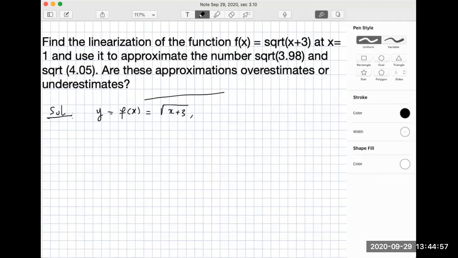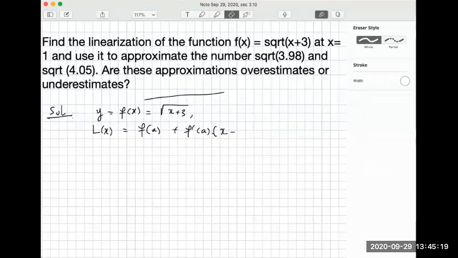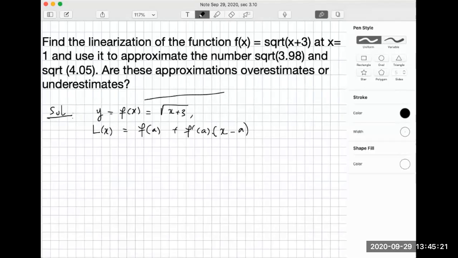We need to find the linear approximation of this, and the linear approximation is L(x), which is f at a plus f prime at a times x minus a, right?